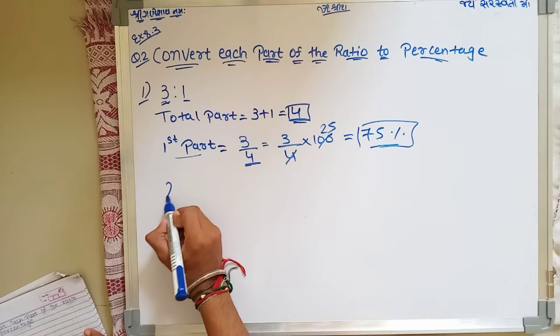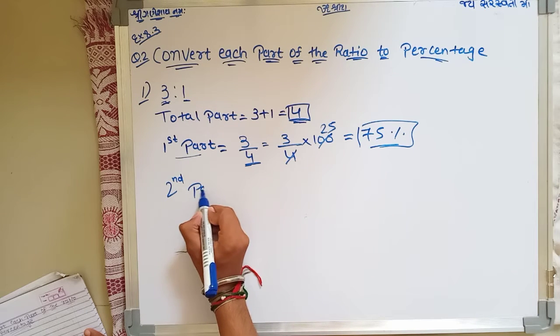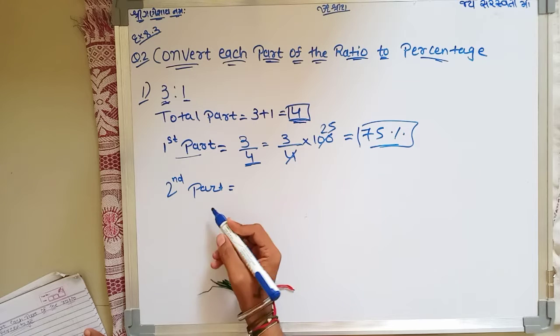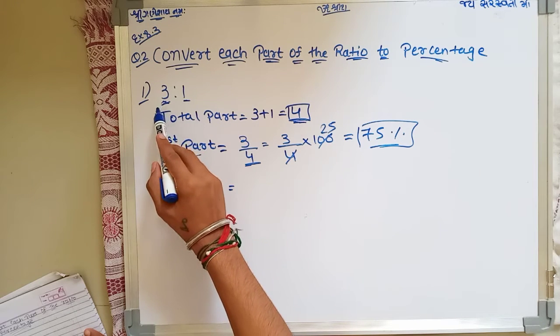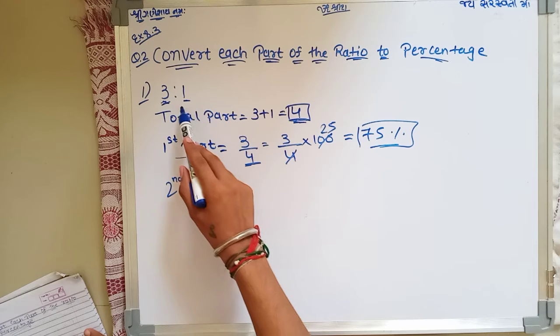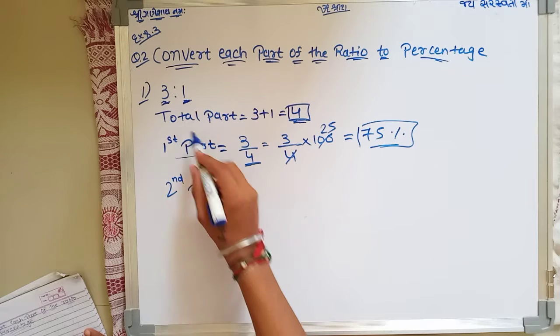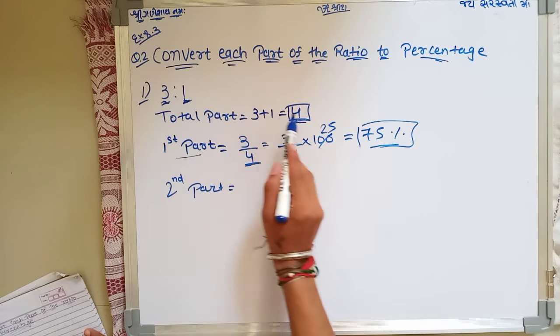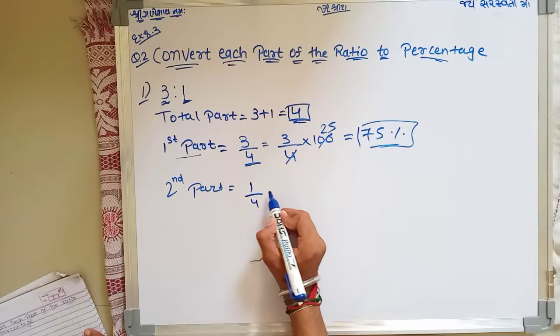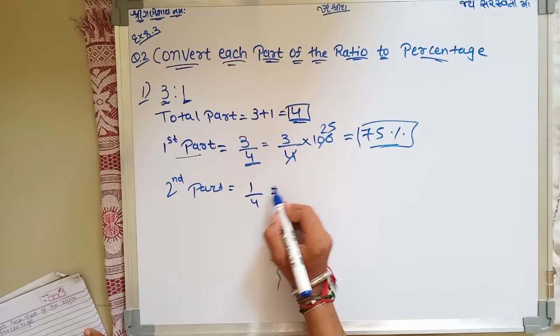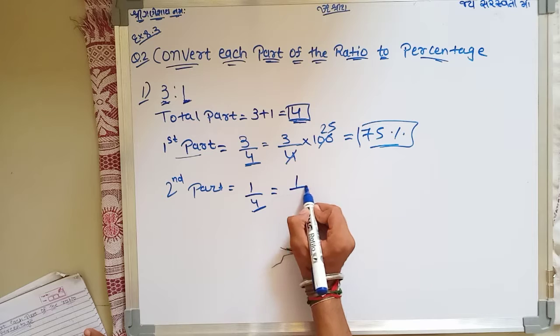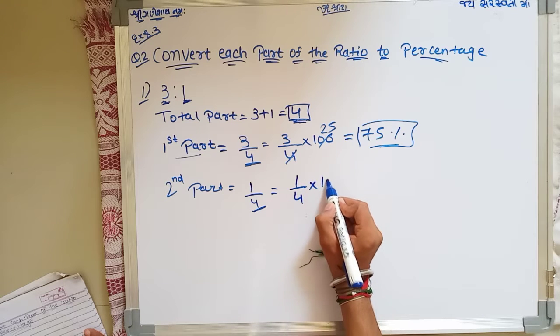And let's see the second part. Same here. This is the first part, so we divided 3 by total parts. So this is the second part, so we divide 1 by 4. We have to convert this into percentage, so we multiply by 100.